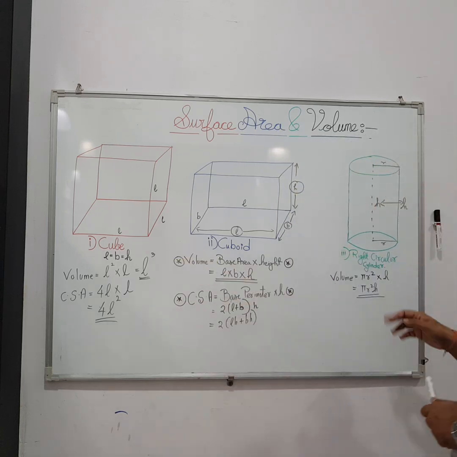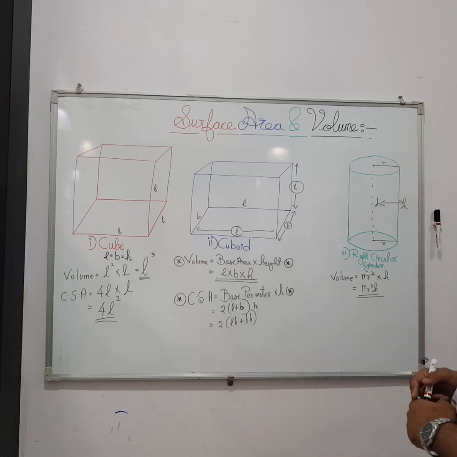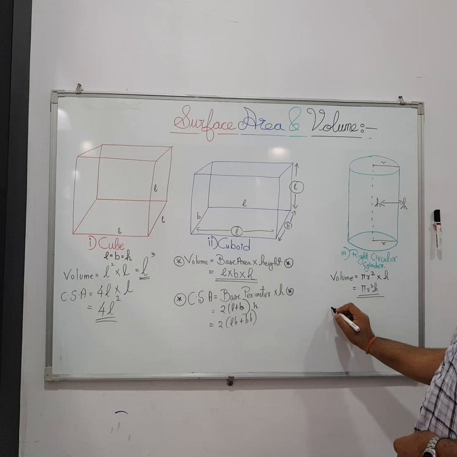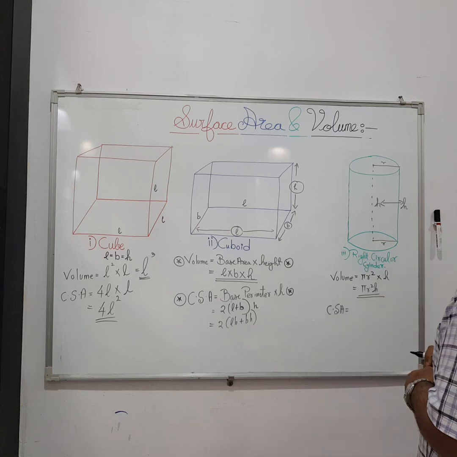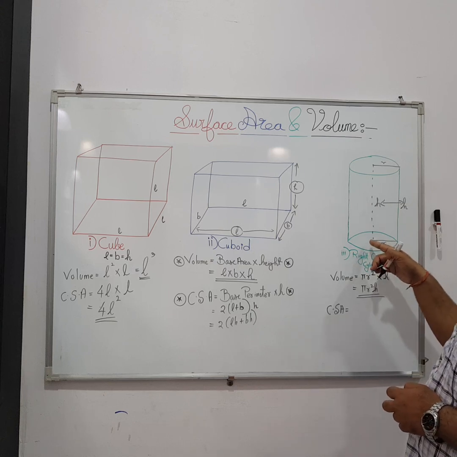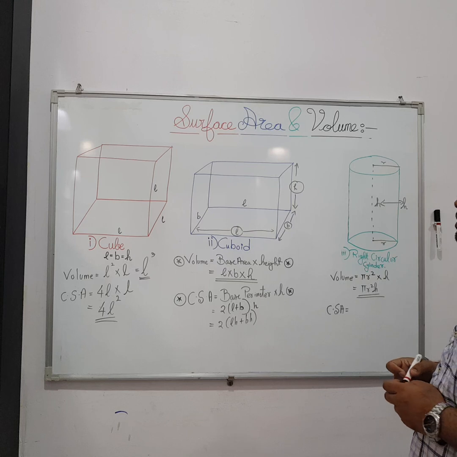Let's come to the final figure, that is nothing but a right circular cylinder. As you can see over here, we'll again be using the master formula. So the CSA of a right circular cylinder is nothing but base perimeter. The base of a right circular cylinder is nothing but a circle.